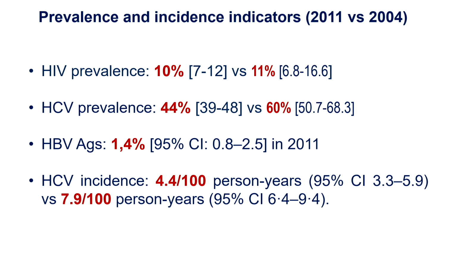Regarding HIV prevalence, in 2011, 10% of people who use drugs were HIV positive versus 11% in 2024. For HCV prevalence, it was 44% versus 60%. For HBV antigens, we only measured this indicator in 2011, and it was 1.4%.